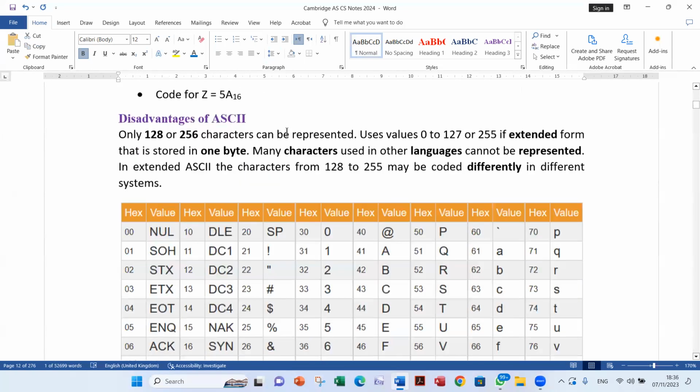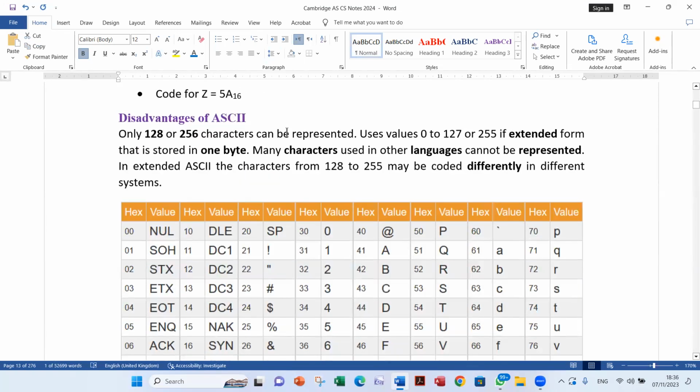Okay? Disadvantage of ASCII, that was once in an exam. Only 128 or 256 characters can be represented. It uses values from 0 to 128, or 255 if extended. And this is only 1 byte.